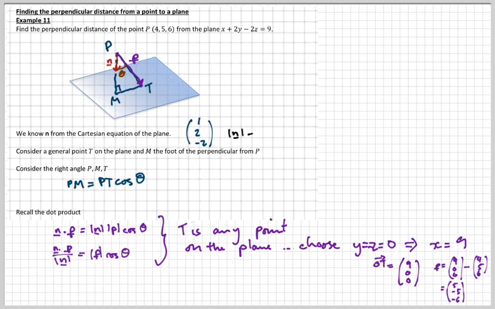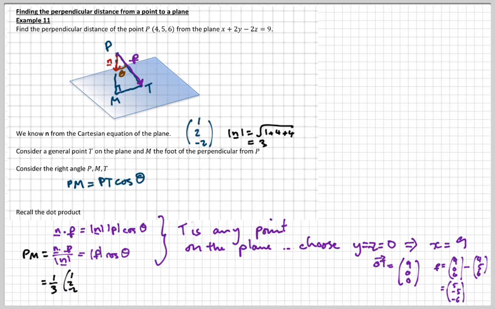We need to find the magnitude of N at some point, so let's do it now. It's the square root of 1 plus 4 plus 4, which is the square root of 9, which is 3. So we can find the length of PM by doing N dot p, where p is the vector from P to a point on the plane T, (9, 0, 0), divided by the magnitude of N, which is 3.